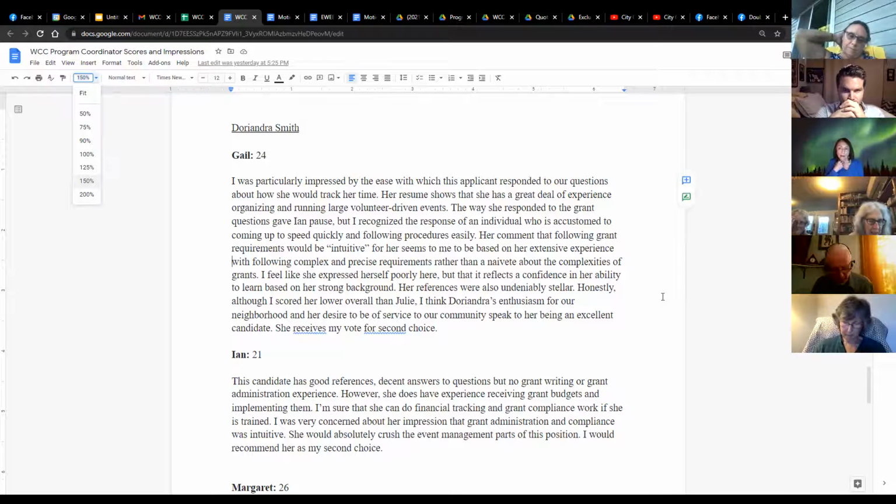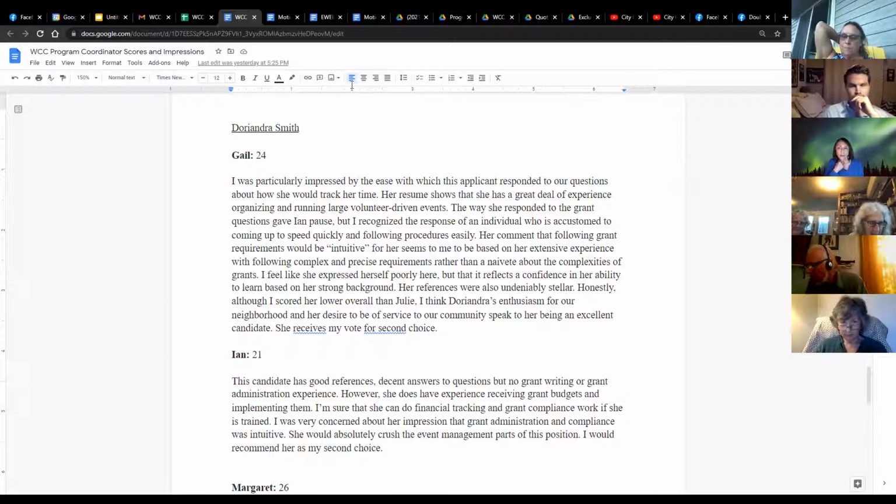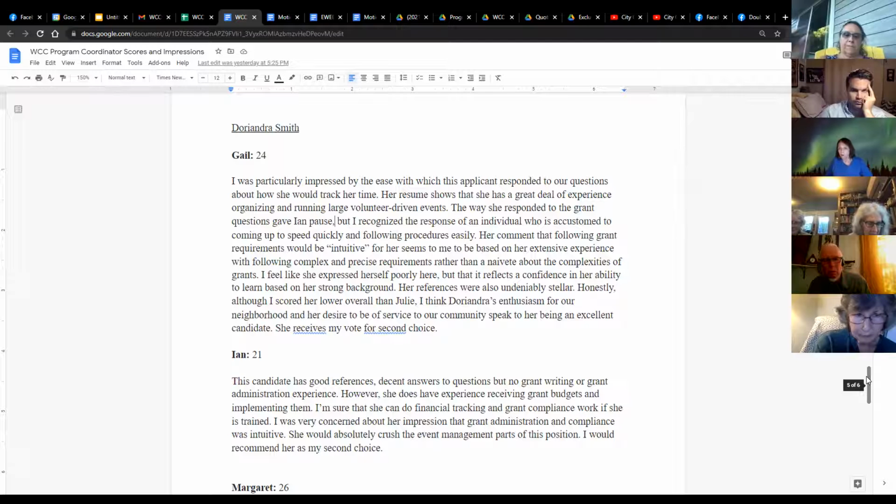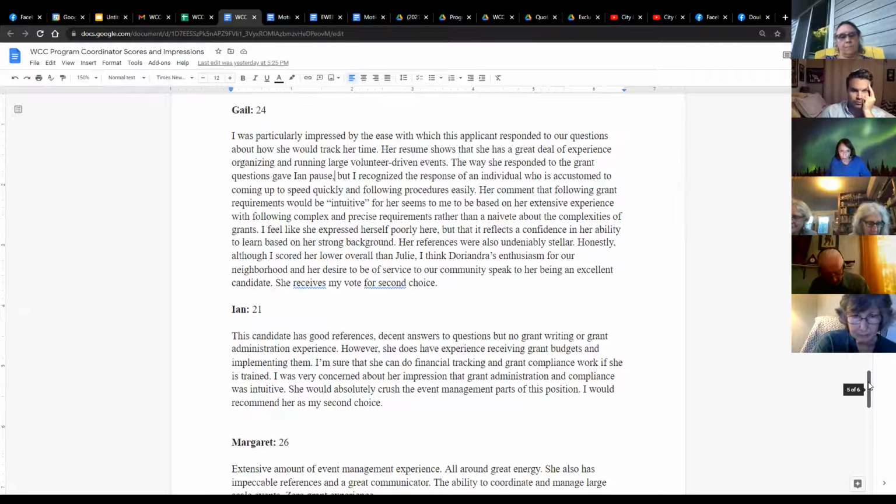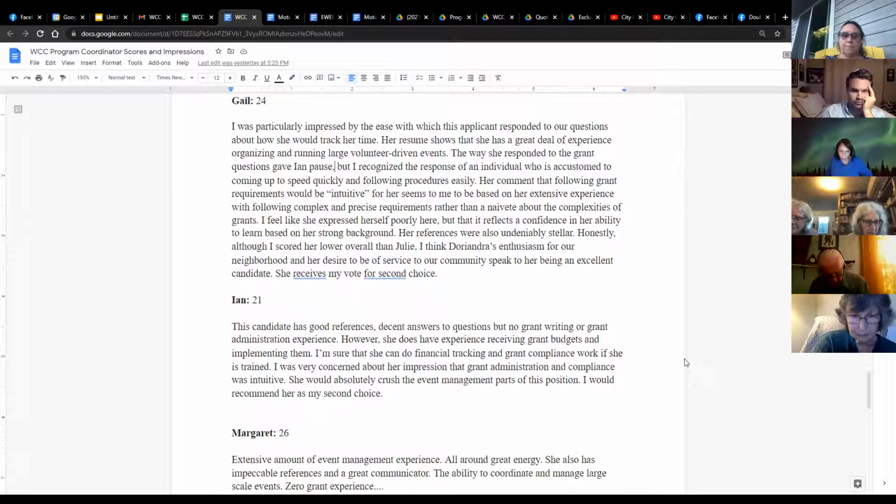So I think the highest number a person could score would have been 5 times 7, so 35. And nobody scored a 35. But Doriandra did very well. I'll let you just kind of scan this. I don't think you need me to read it to you. But at this point, I'd like you to just take a look at the things that we saw, what we noticed.